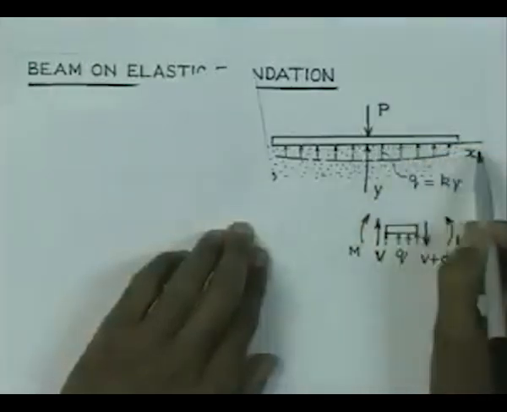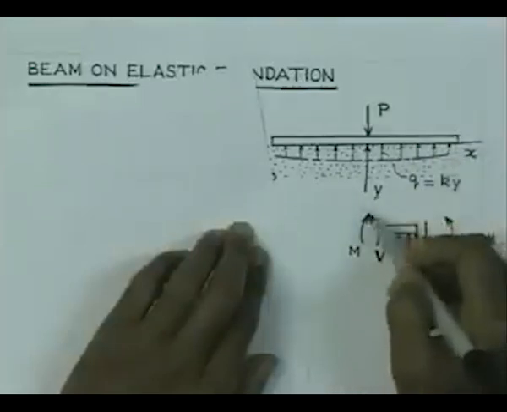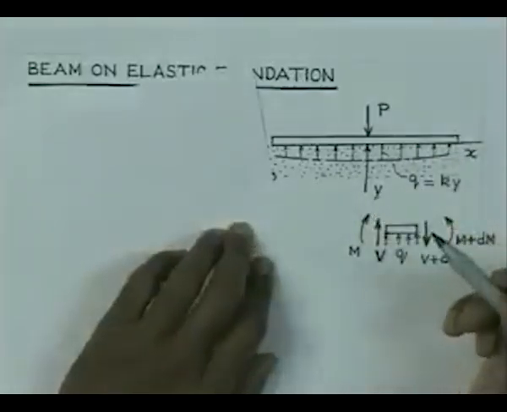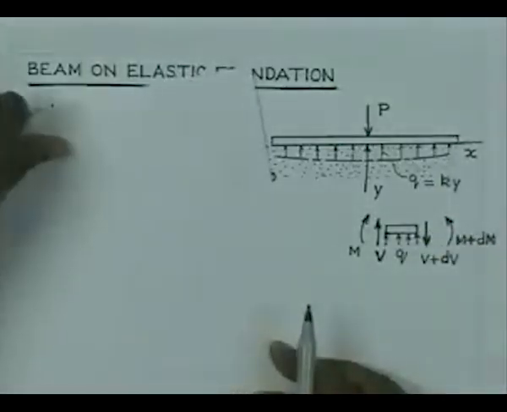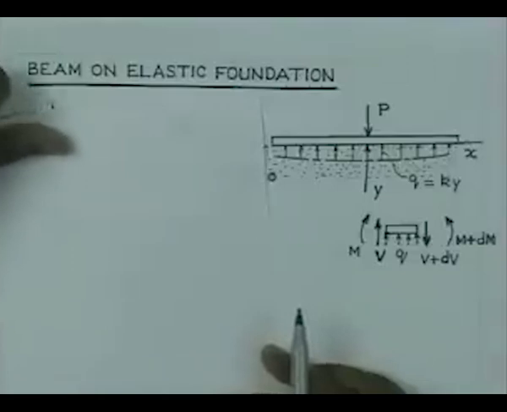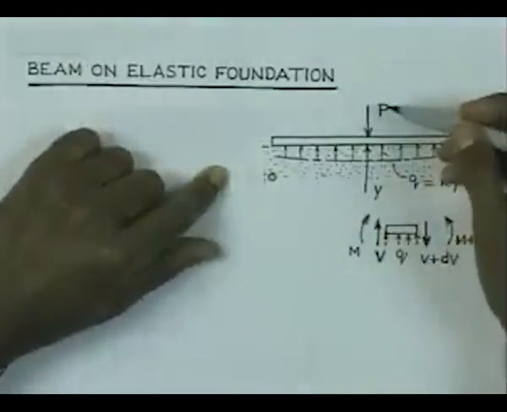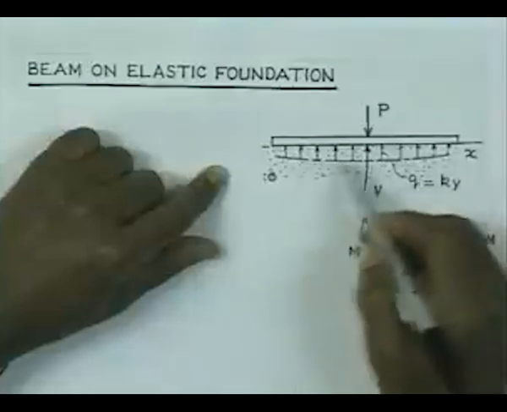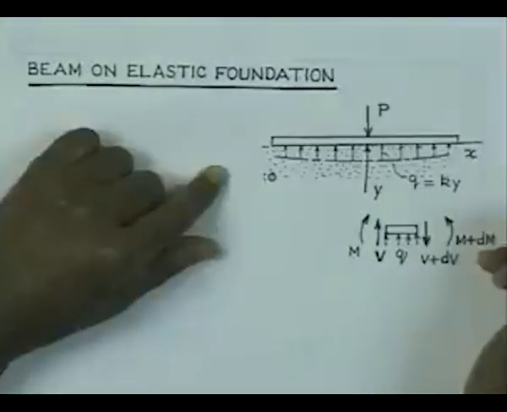This is the x axis, this is the y axis, y is positive downward. Now, you have a beam which is externally loaded like this, and it is going to have support reactions varying like this. So, let us try to see how we can get the deformation of this beam and how we can calculate the stresses in this beam.